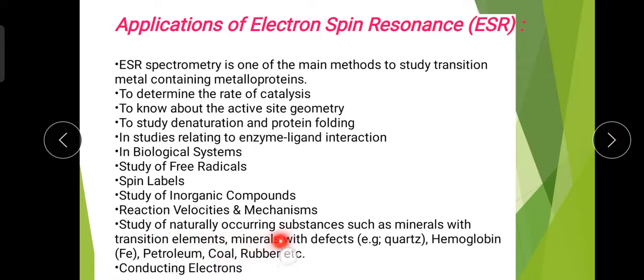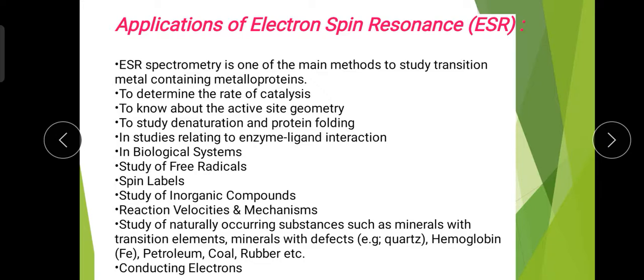Study of naturally occurring substances such as minerals with transition elements, minerals with defects, for example quartz, hemoglobin, that is ferrous, petroleum, coal, rubber. These are all different compounds. That means if we want to study naturally occurring substances like hemoglobin or ferrous, petroleum, coal, rubber, different types of minerals with defects such as quartz, we can use ESR spectroscopy for that.